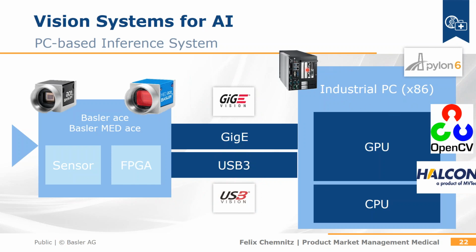On the inference side, you will have an industrial PC, which gives you the ability to take components directly off the shelf. And for machines with Windows, Linux, or Mac OS, we can provide you with the Pylon 6 SDK, which can control the cameras directly via GigE or USB.